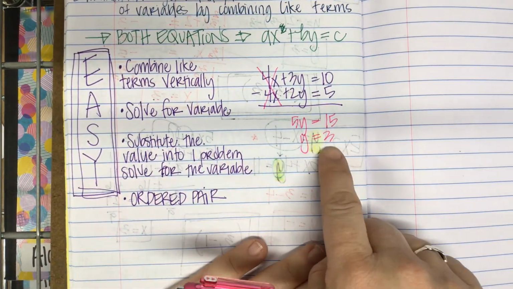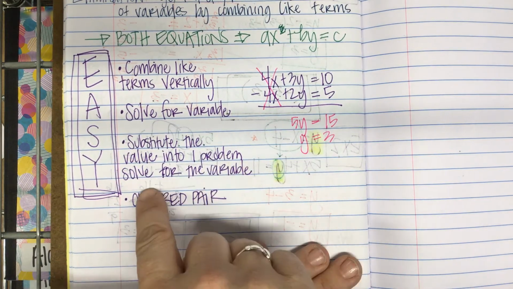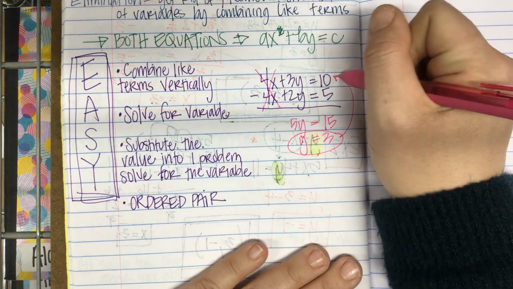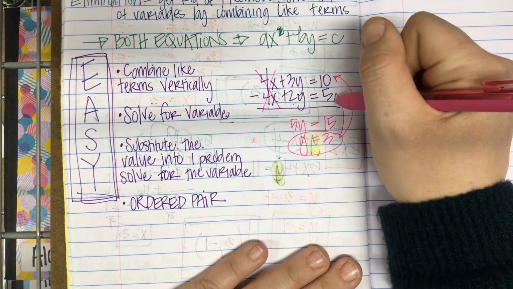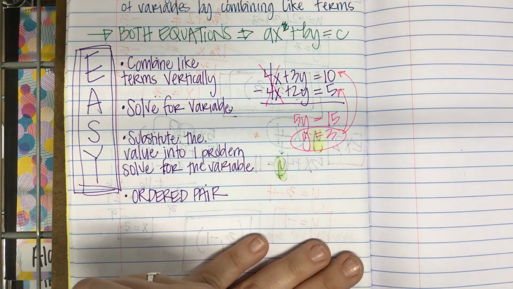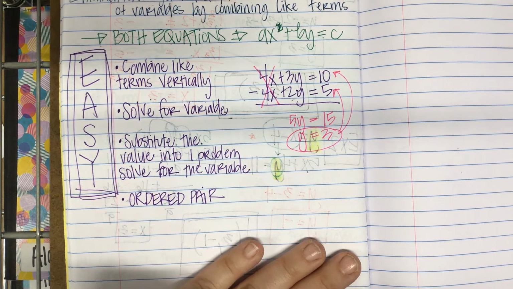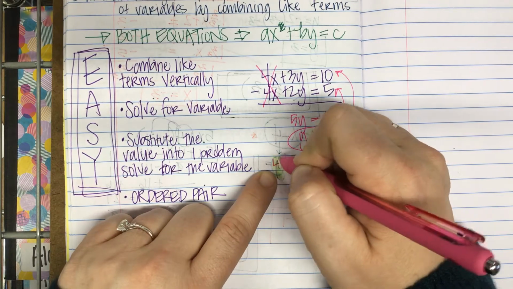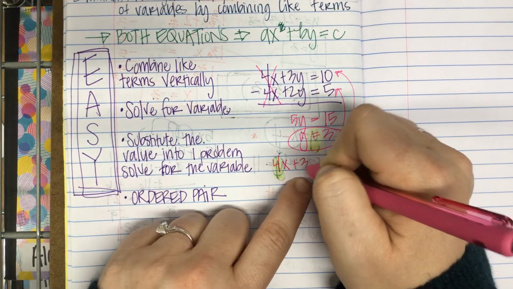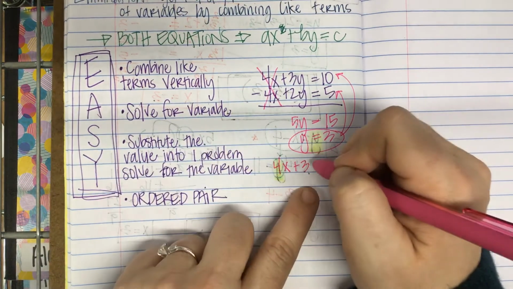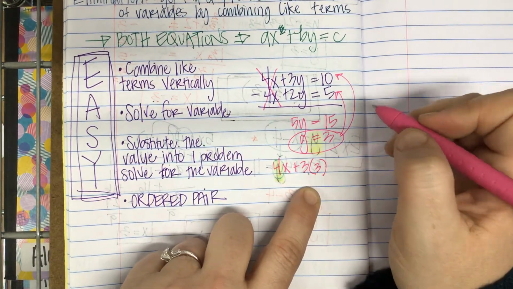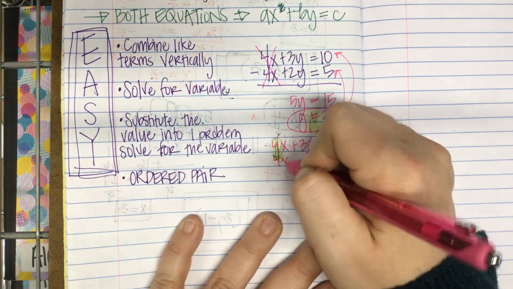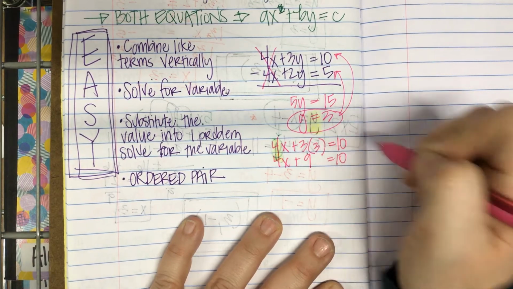Substitute the value into one problem and solve for the variable. So I can take this value and I can put it into this top equation or the bottom. It doesn't matter. You pick. Well, let's do the top just because it doesn't have a negative. Might be easier. So 4x plus 3, but instead of y, I'm putting in 3 equals 10, yes? 4x plus 9 equals 10.